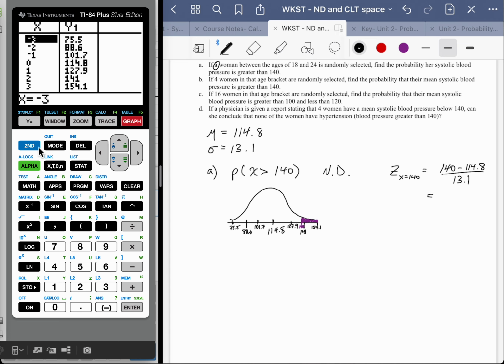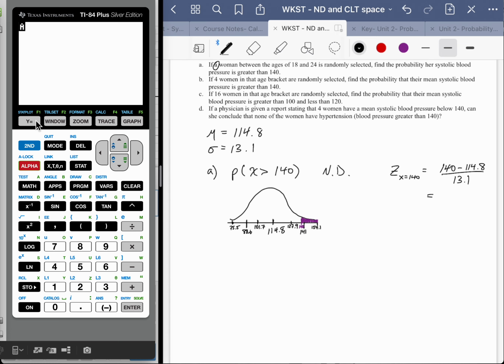Crunch those numbers. 1.924, which is pretty close to 2. That's consistent with where I shaded, so we're in good shape there. So I need the probability that z is going to be greater than that number.